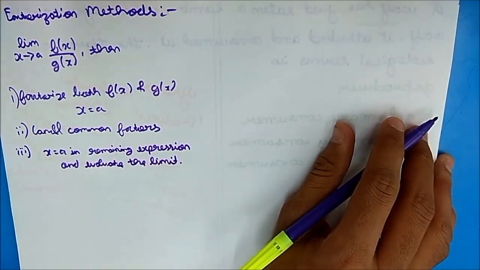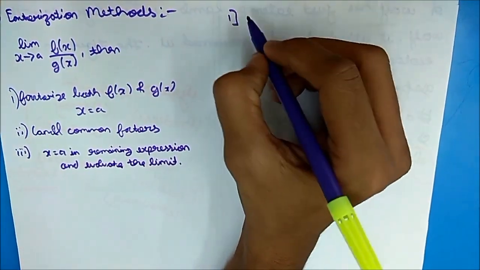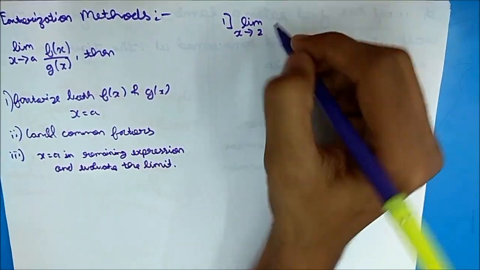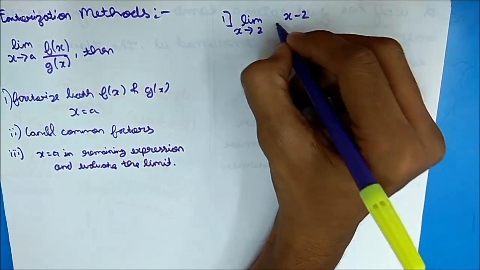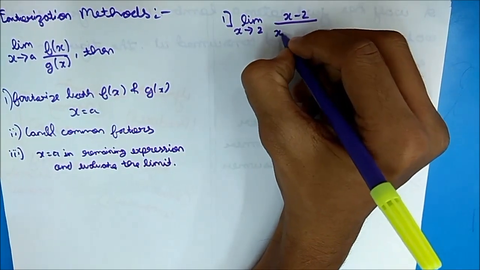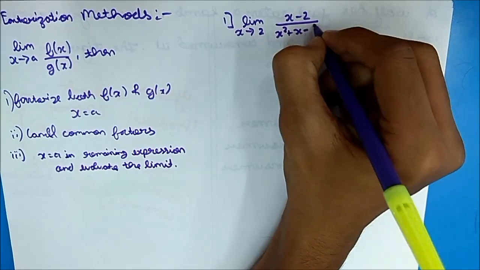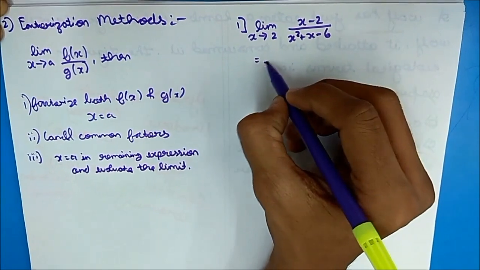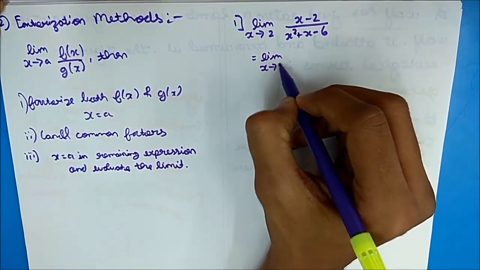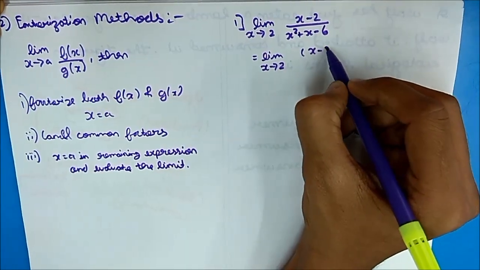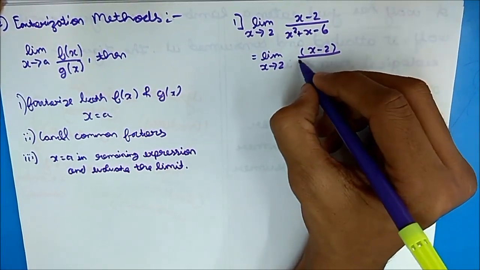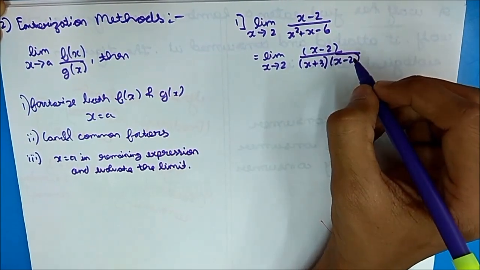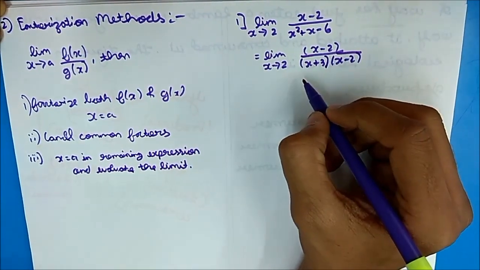Now let's take some very basic example to get started with. Limit x tends to 2, x minus 2 upon x square plus x minus 6. So the answer would be limit x tends to 2, x minus 2 upon, in the factorization, x plus 3 into x minus 2. So then we cancel out the terms.